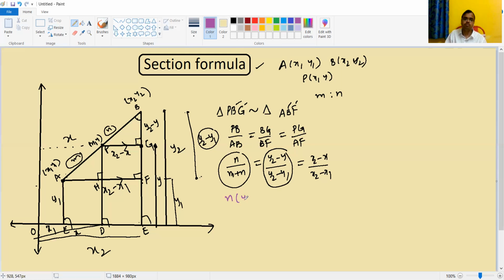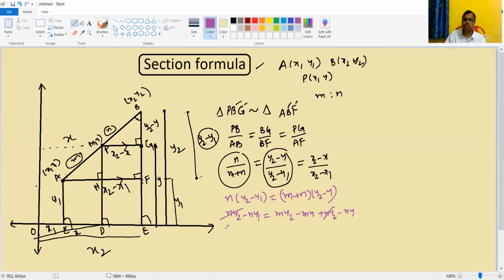n times of y2 minus y1 is equal to m plus n times of y2 minus y. Now multiply: ny2 minus ny1 is equal to, with m you multiply, my2 minus my, next with n, ny2 minus ny. Plus ny2 on both sides will be cancelled.